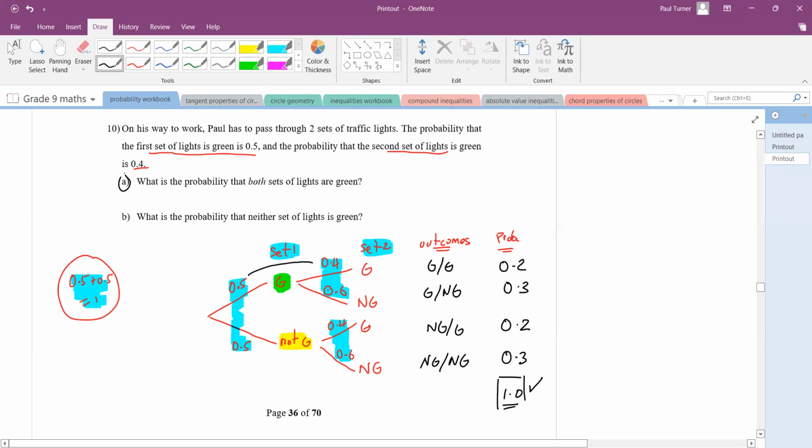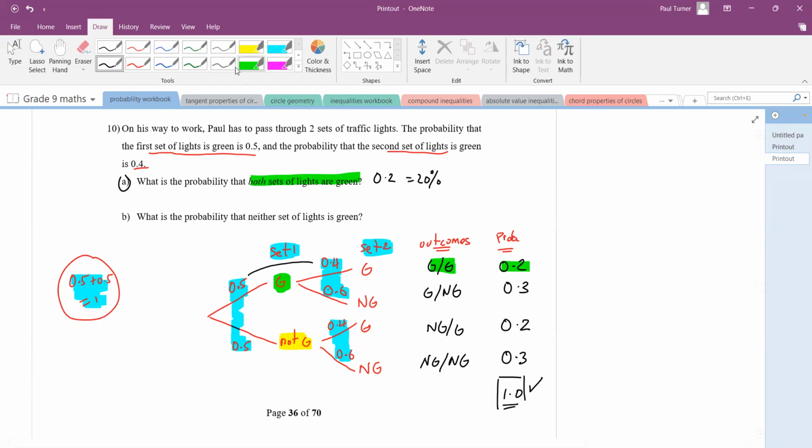So for A, what's the probability that both sets are green? So then we just go to where we've got green, green. So we're going to have 0.2, a 20% chance they're both going to be green, just 20% if you like percentages. And what is the probability that neither set is green? And that will be the last number here.